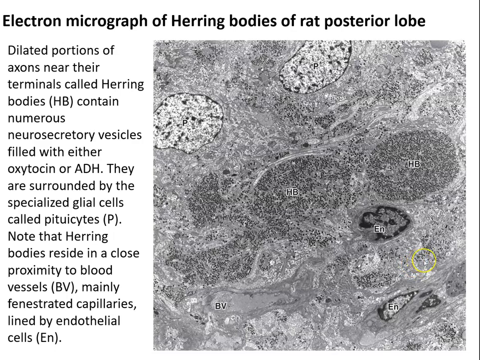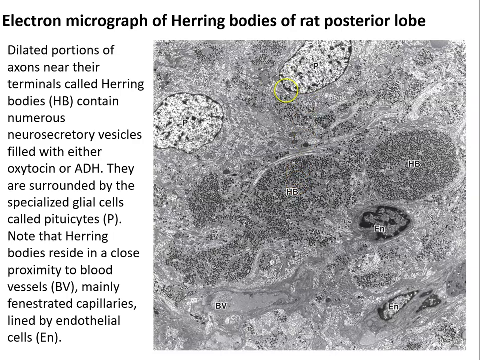In this electron micrograph of Herring bodies in the posterior lobe, you can see that these dilated portions are roughly oval or circular in shape, and they're just filled with numerous secretory vesicles. And these contain, again, either oxytocin or ADH.